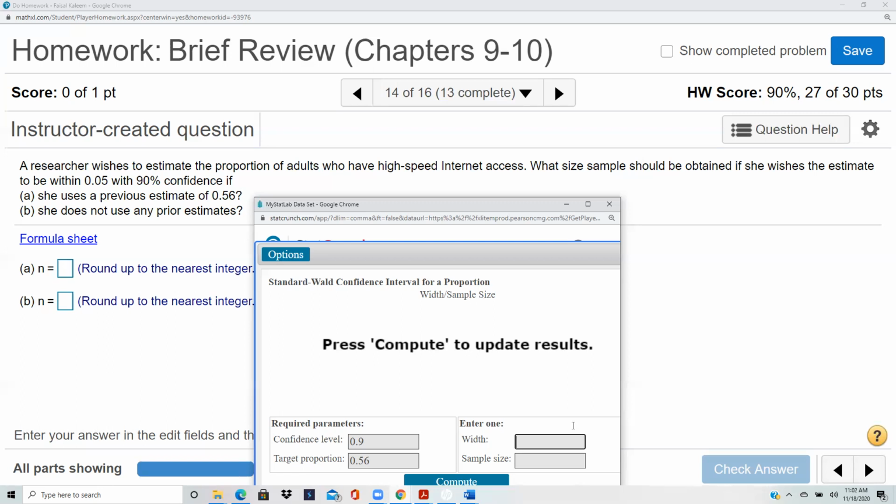So what's the relationship between the margin of error and the interval width? Let's look at another example.